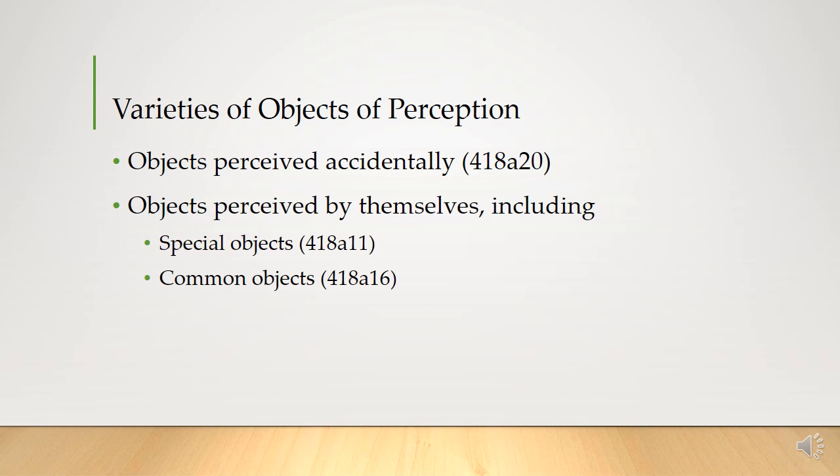For example, color is a special object of perception because color can be perceived only by vision. By contrast, movement is a common object because movement can be perceived both by vision as well as hearing. Therefore, movement is a common object.